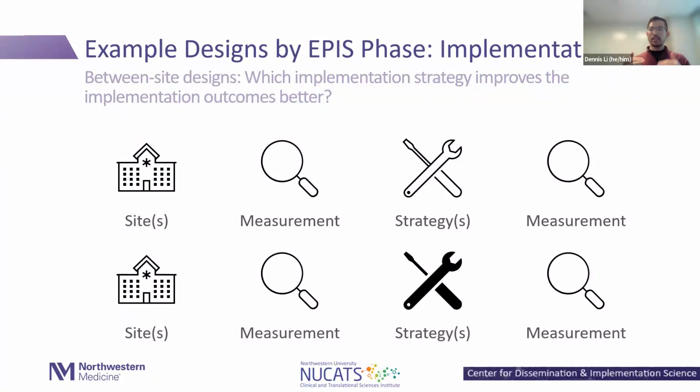And you have similar sites, but now you're implementing a different strategy. So the main question is whether your new strategy improves implementation outcomes over your usual care, or if you had a head-to-head trial with two different strategies that you wanted to implement.